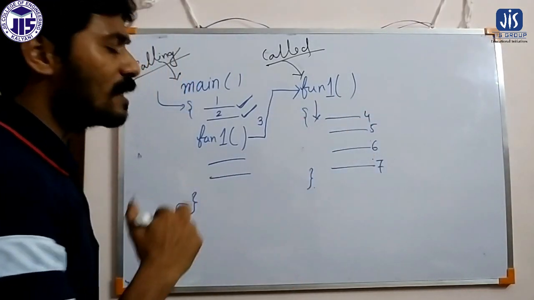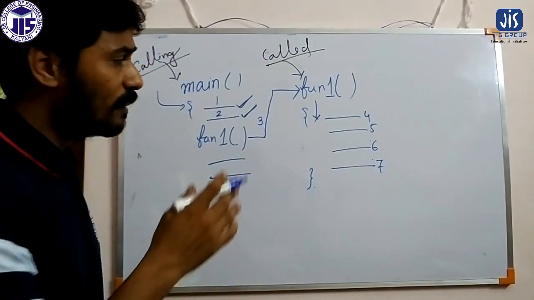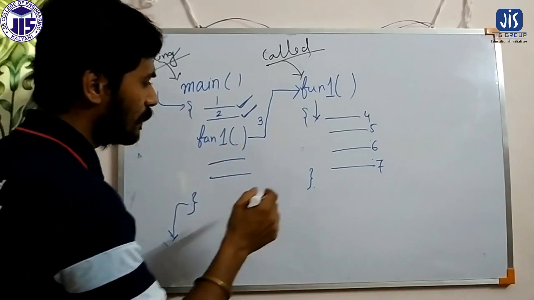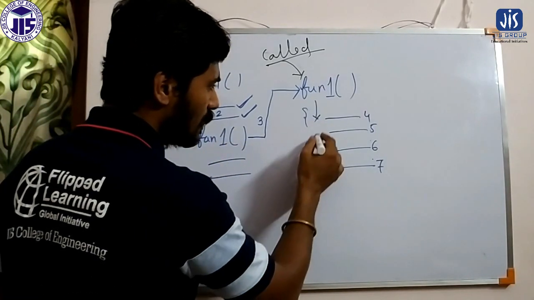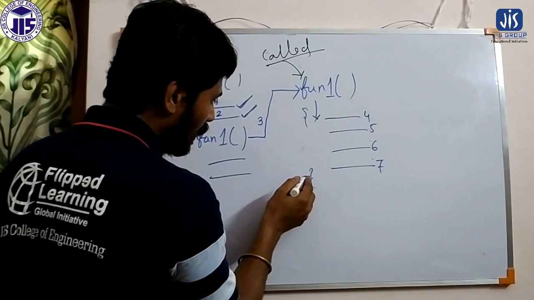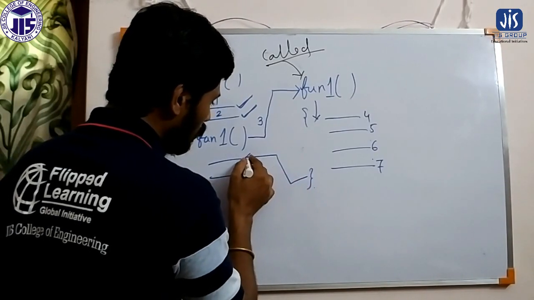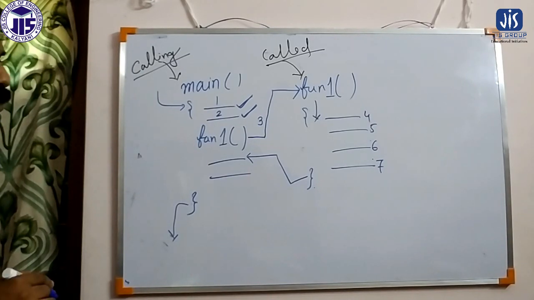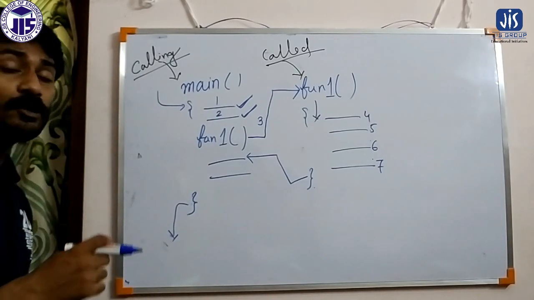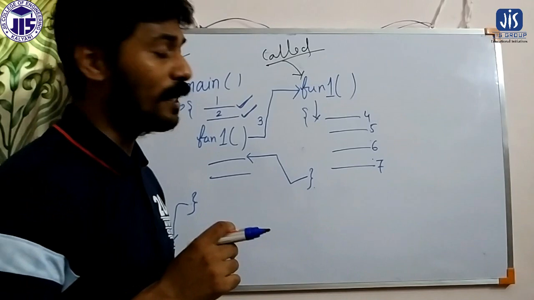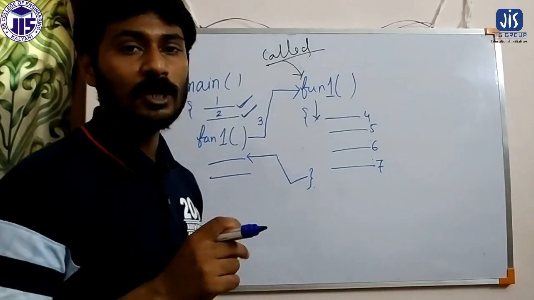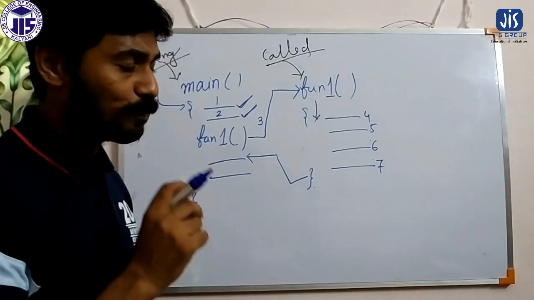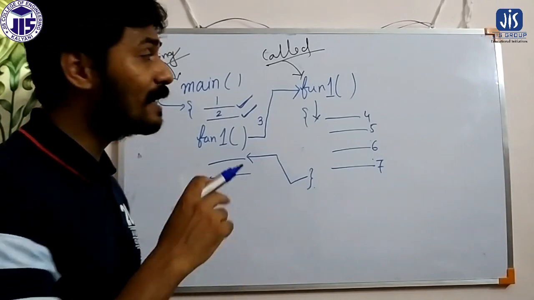Whenever the execution of the function completes, the control returns to the main program. Where will it return? It will return to the particular point from where it has jumped.